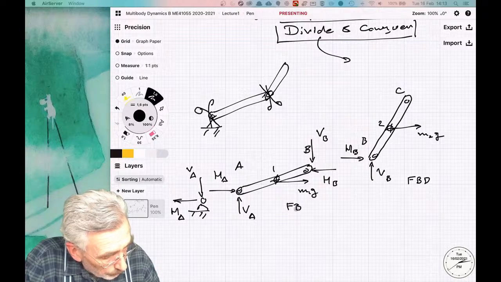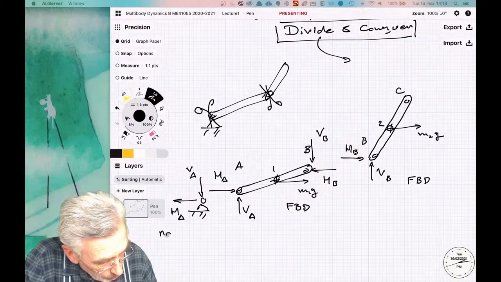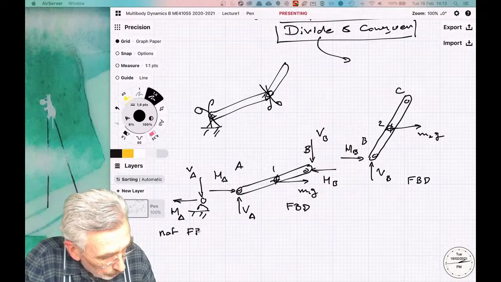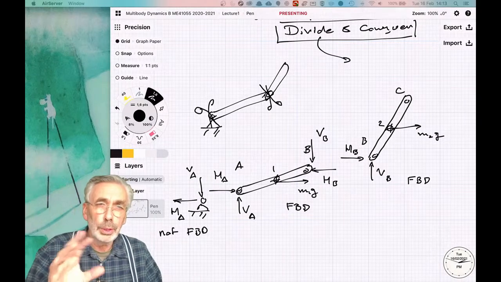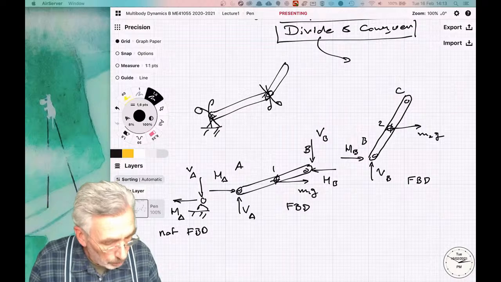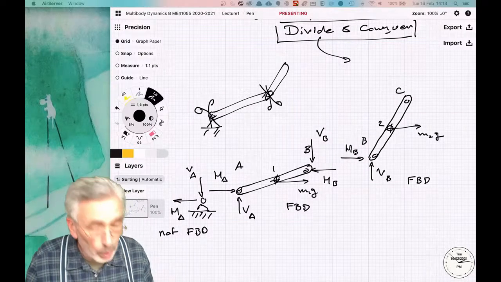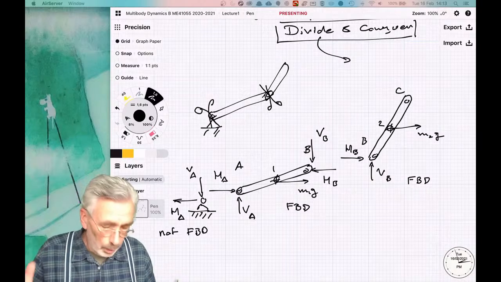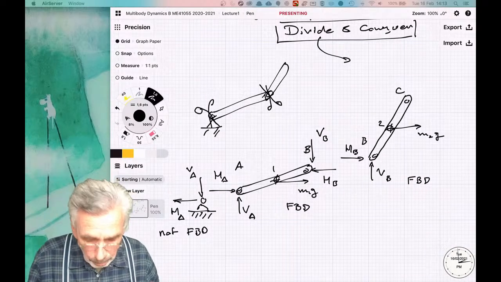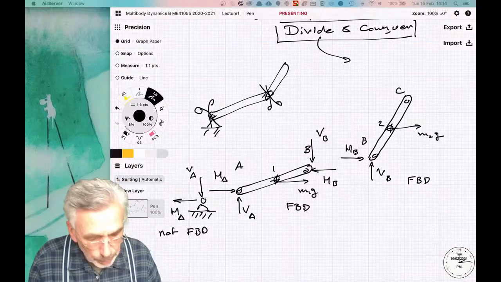This is a free body diagram. This is not a free body diagram, this Earth thing. But on purpose, I drew it to see where all the forces come from. It is not a free body diagram because there's this whole lump of mass behind it, and there are maybe applied forces to that. But anyway, here we have two free body diagrams.